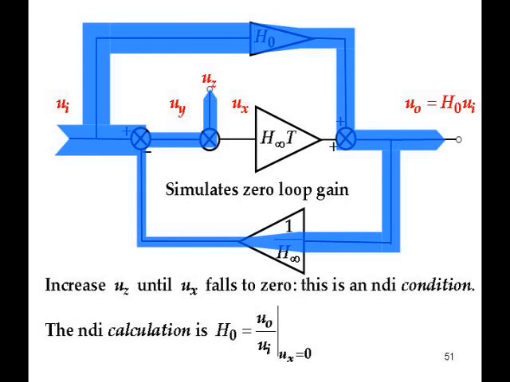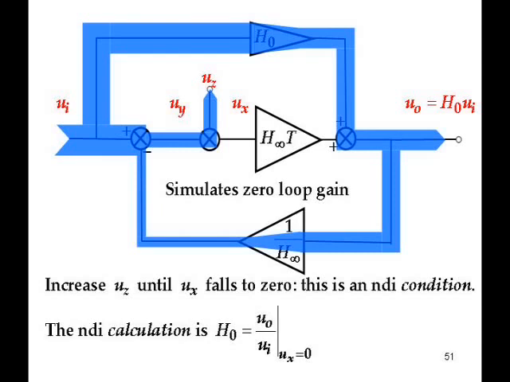And what have we simulated now? We've simulated 0 loop gain instead of infinite loop gain, because there's no output coming out of the forward path. Therefore, if there is a non-zero output from the whole system, it must have come down the H0 box through the feedback path in the wrong direction.